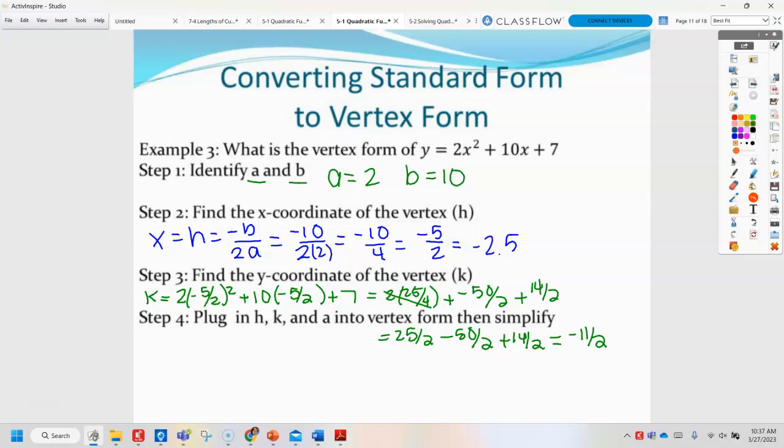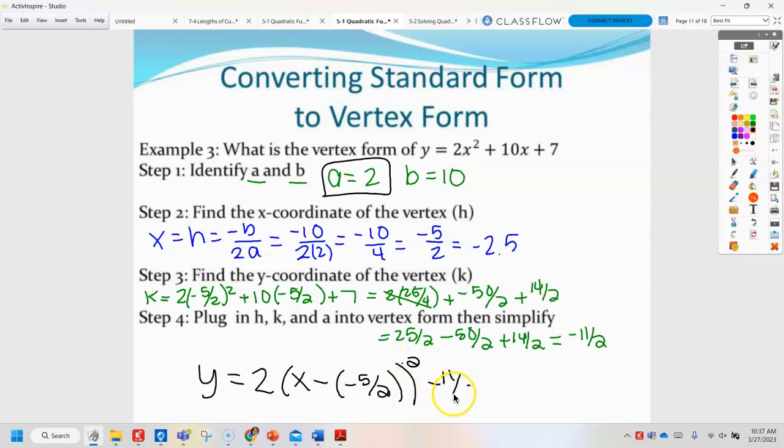So then it says, what is the vertex form? So again, you're going to find H, you're going to find K, and then you're going to plug it all back in. So you get y equals, A is always the same for both, so 2, x minus whatever your H is, squared, whatever your K is.